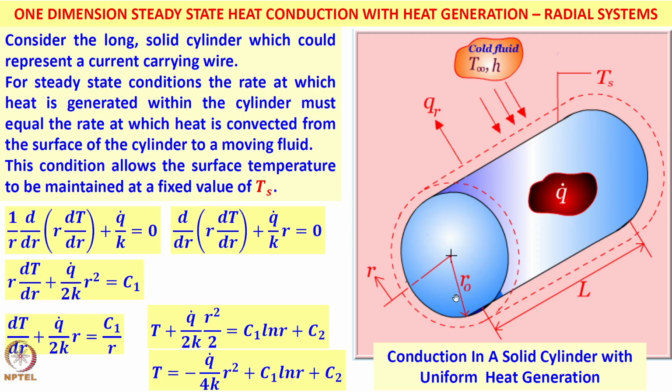Our governing equation is 1 by r d by dr of r dT by dr, k comes out, plus q dot by k equal to 0. Go through the maths, you will get a temperature distribution. Here now we are looking at a current carrying conductor or an electrical wire. So, it is a solid wire unlike the hollow cylinder that we saw.